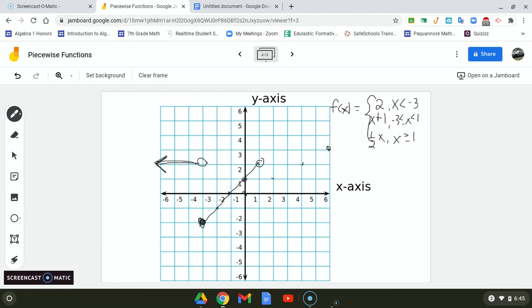But we know we only need the value from 1. So this line that we would draw on here, right, we don't need that whole line. We only need it from when x is 1. So where x is 1, we're going to start. But remember, because it's greater than or equal to, that means we're going to have a filled in circle there. And we erase anything that's less than that because we don't need that.